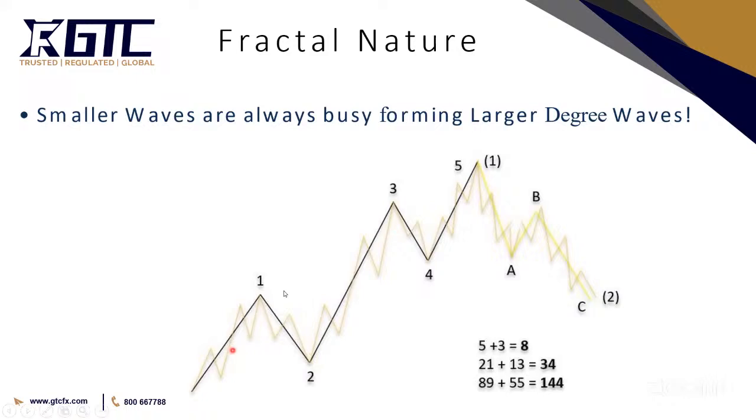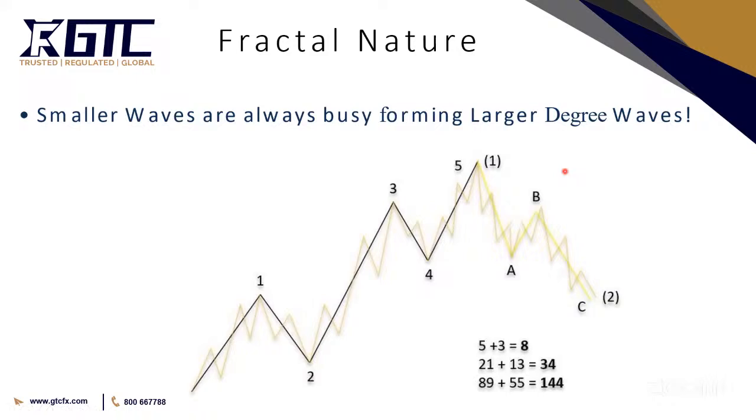Only the degree changes. When I say degree, the smaller wave is a smaller degree, an even smaller wave is an even smaller degree, a larger wave is one higher degree.